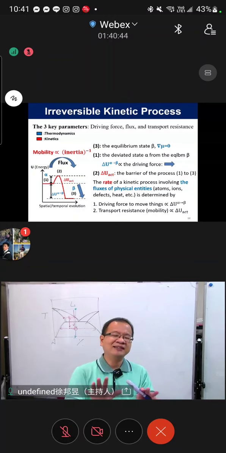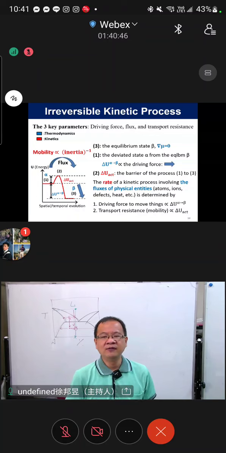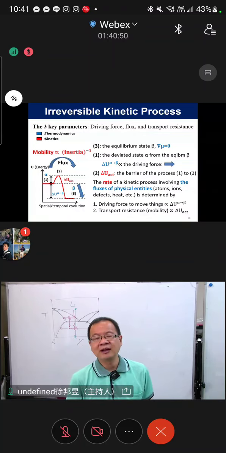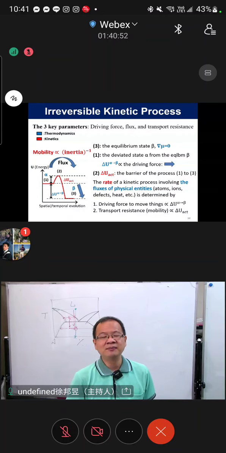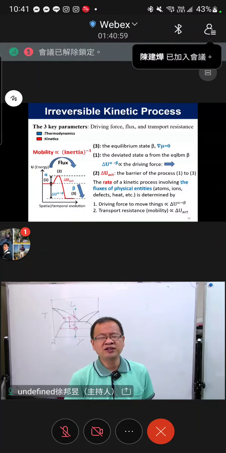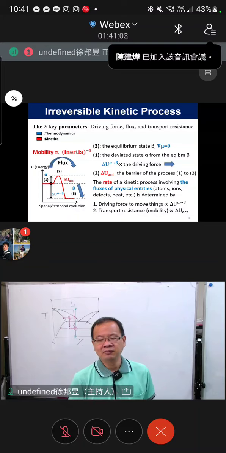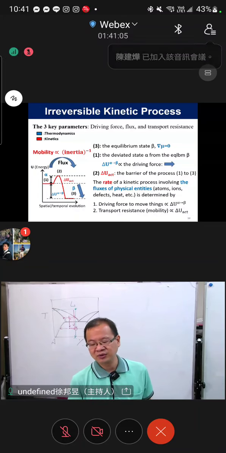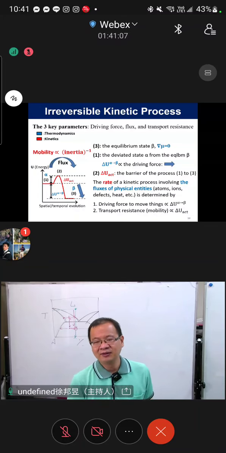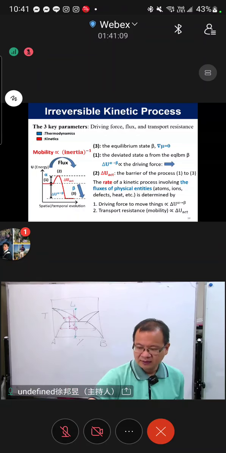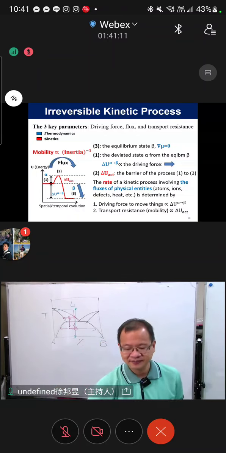So atoms try to resist the diffusion from 1 to 3, because step 2 is really challenging to overcome. So atoms don't want to do that. They just try to stay in alpha, and atom B will try to stay in beta. All right. So the key difference has been done here.